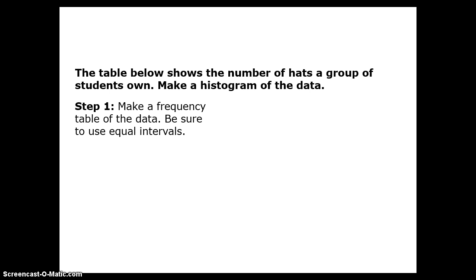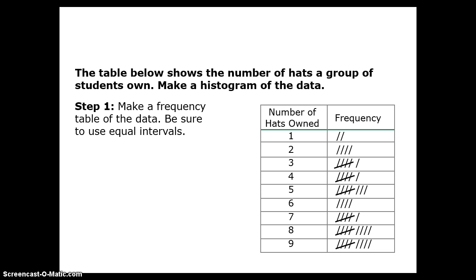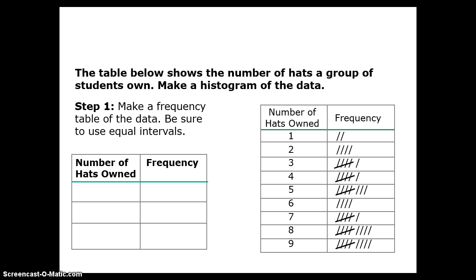Let's look at this table below. It's going to show the number of hats a group of students own. We're going to make a histogram of this data. We begin by making a frequency table of the data, keeping in mind that the intervals must be equal. So I'm going to choose to use intervals of 3 again, because that's a really good number to divide the number of data items collected, or categories collected.